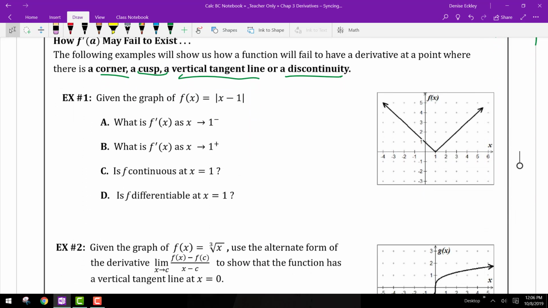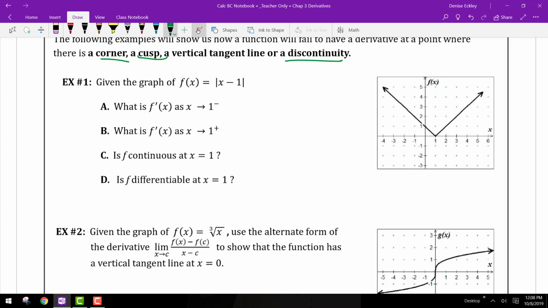So here's our first example. Example 1 is, given the graph of f of x equals the absolute value of x minus 1, what is f prime of x as x approaches 1 from the left? So that means we're approaching this curve from this side of 1, and it's going to follow the curve because that part of the curve is linear, so the derivative, the slope, or the tangent line is going to have this exact same direction.